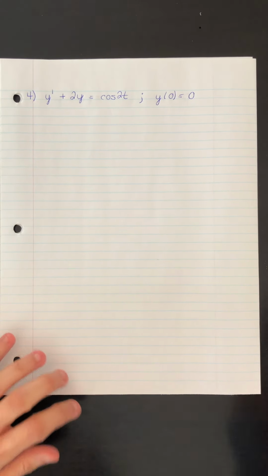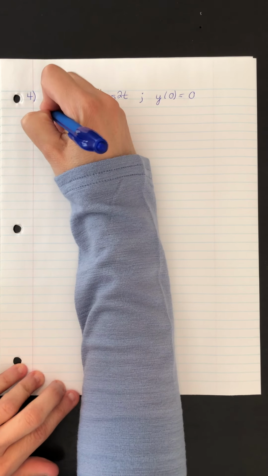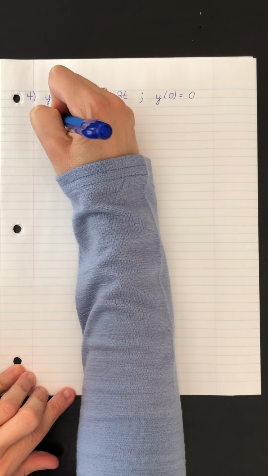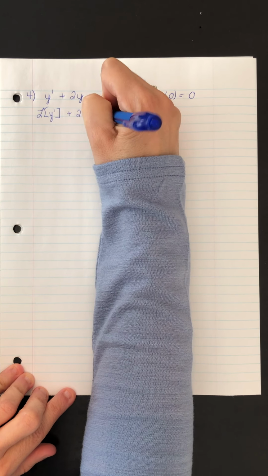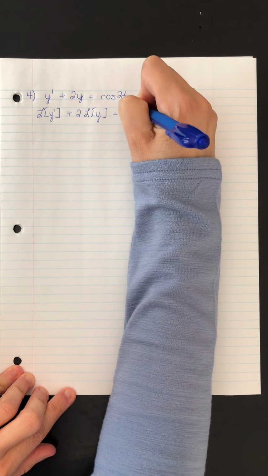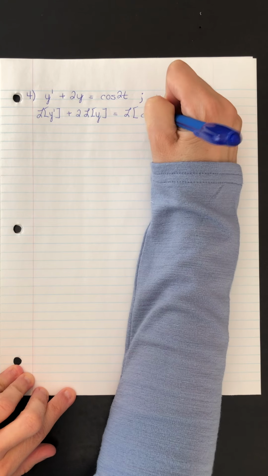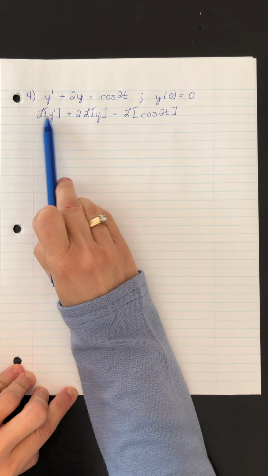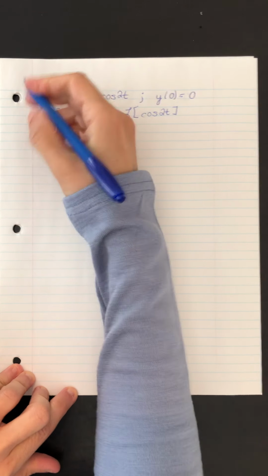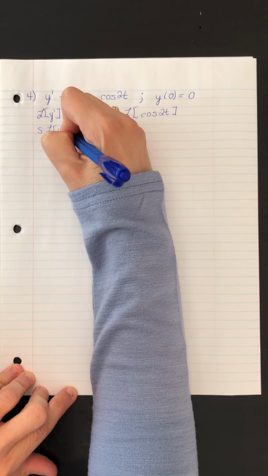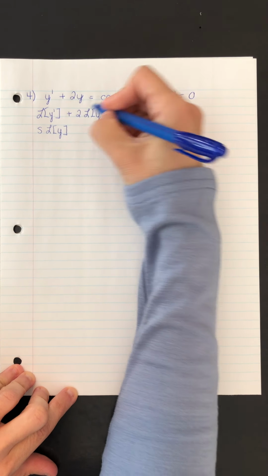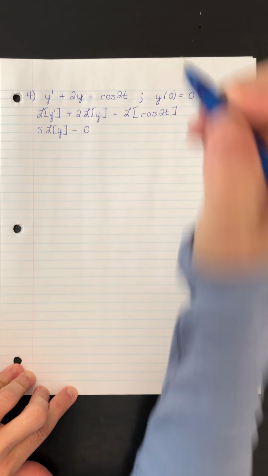We begin in the same way. So we do the Laplace transform of y prime plus 2 times the Laplace transform of y is the Laplace transform of the cosine of 2t. Right here, we replace this with s times the Laplace transform of y minus y at 0, but y at 0 is 0.